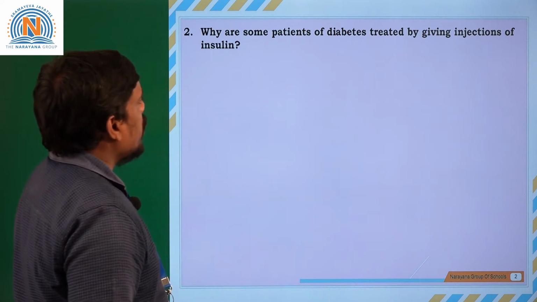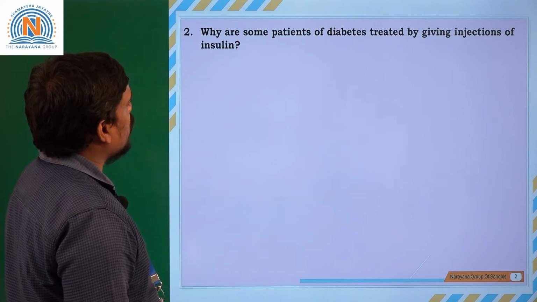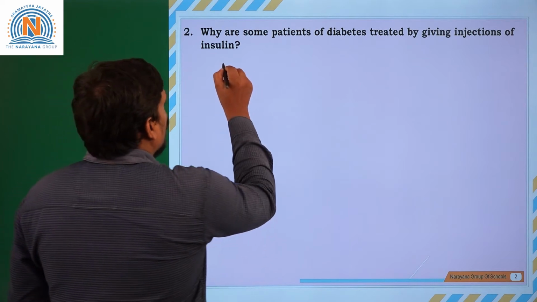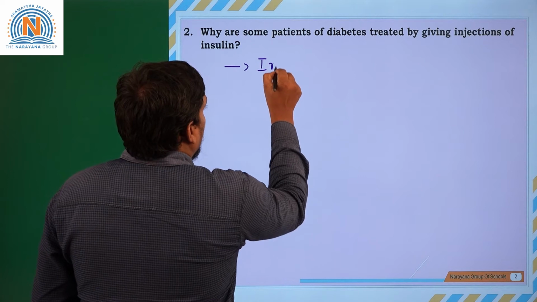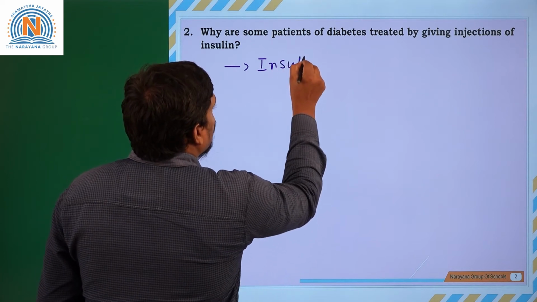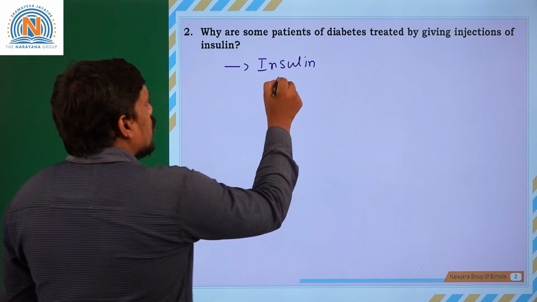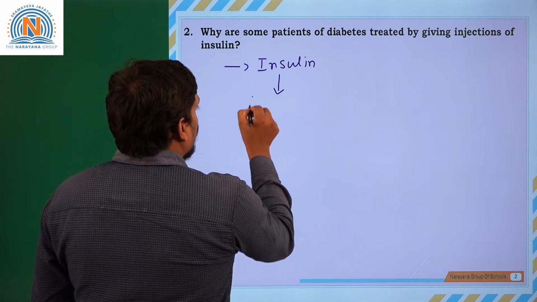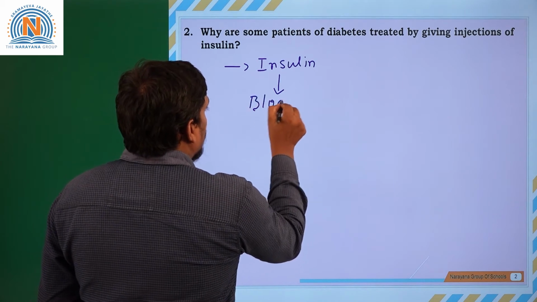Second one: why are some patients of diabetes treated by giving injections of insulin? Persons suffering with diabetes mellitus take artificial insulin through injections. When an insulin injection is given to the patient, the insulin enters into the blood.